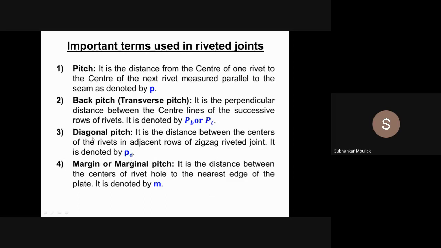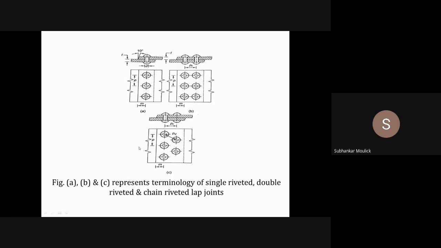Remember that diagonal pitch is applicable only if there is a zigzag rivet joint. I know that the third figure represents a zigzag riveted lap joint.